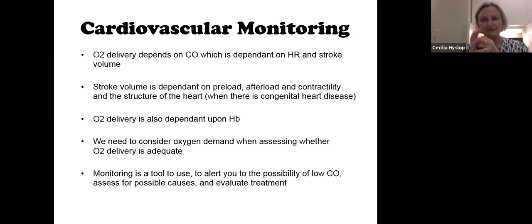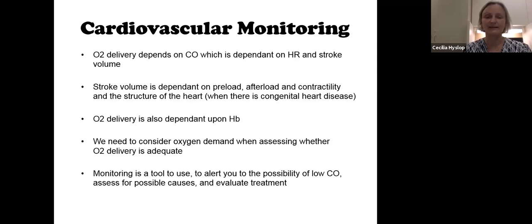They help the contraction better, and they afterload reduce, which means they make the vasculature after the left ventricle vasodilate. And that can be said for the right ventricle. If patients have pulmonary hypertension, then maybe we need them on nitric oxide post-operatively, and maybe we need them very, very sedated. So oxygen delivery is also dependent upon hemoglobin.